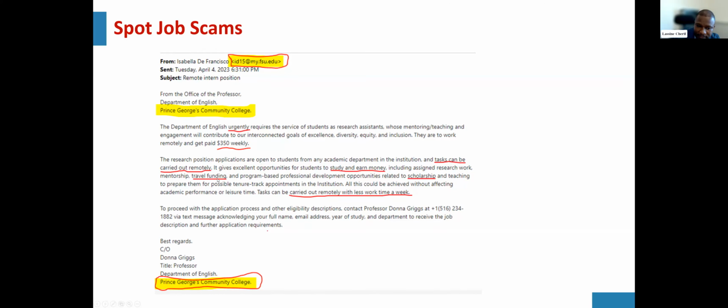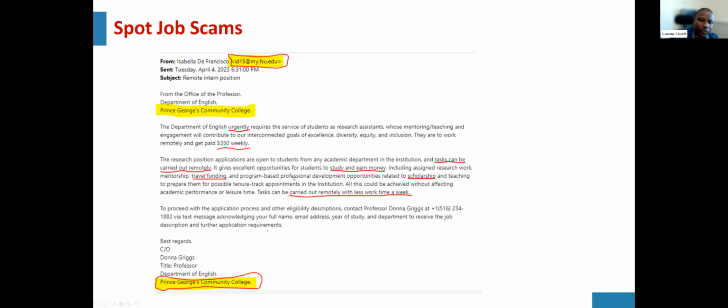Travel funding. Who doesn't want to travel for free? Scholarship. A scholarship for any student is a blessing, actually. Carried out remotely with less work time a week. So easy. It's to trap you. So watch out for all those signs. Emphasize money, sense of urgency, flexibility, too good to be true.